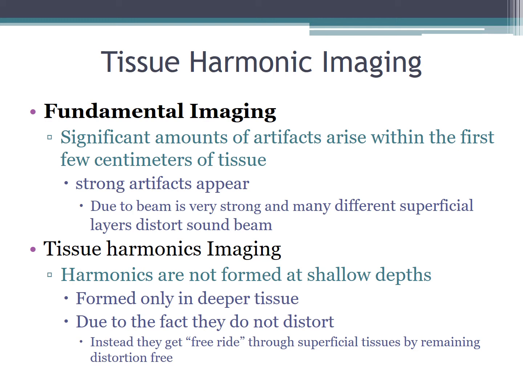It just kind of distorts that first centimeter or so of our image. With tissue harmonic imaging, there is no distortion right at those shallow depths. It kind of gets a free ride through those superficial tissues. It's only once it gets a little bit further into the tissue that they do distort and create that tissue harmonics.